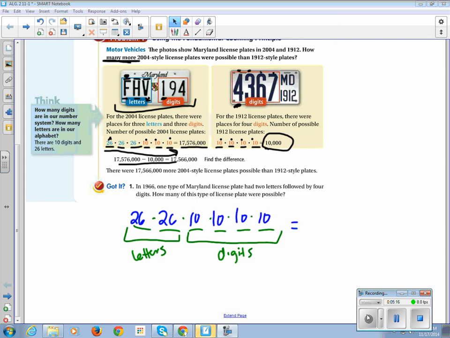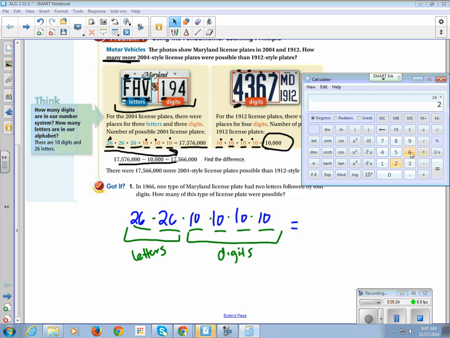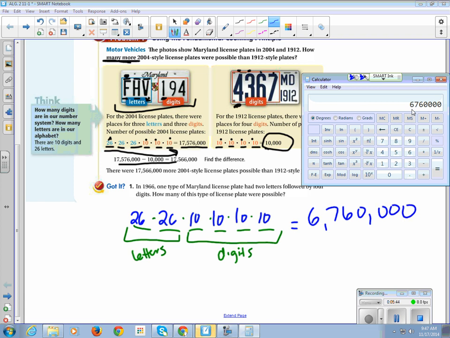So total possible, we just crank out our calculator. 26 times 26 times 10 to the 4th. 606,760,000. Possible places.